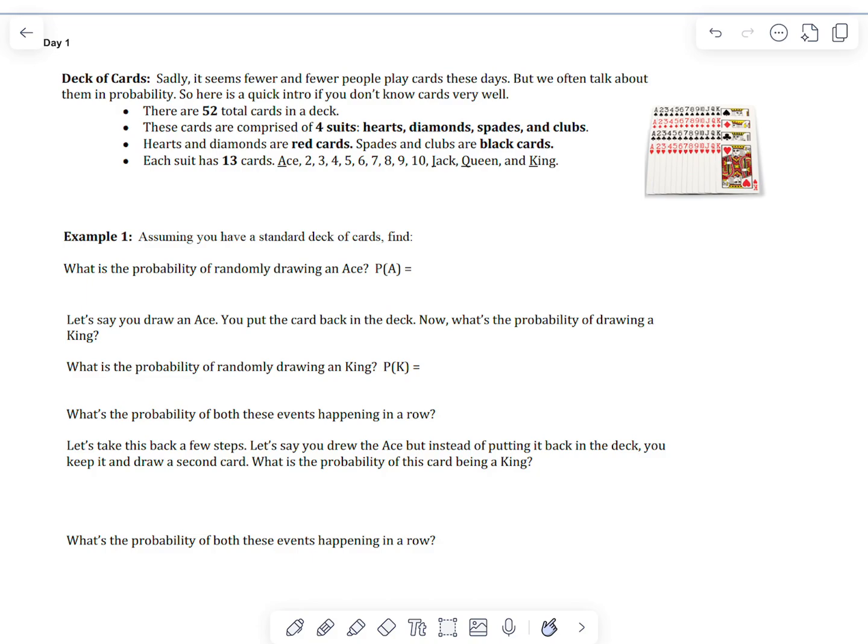Example 1. Assuming you have a standard deck of cards, what is the probability that if you randomly select one card from a deck that you will get an ace? So the favorable outcomes, there are 4 aces in a deck, 1 of each suit, divided by the sample space of 52 cards.